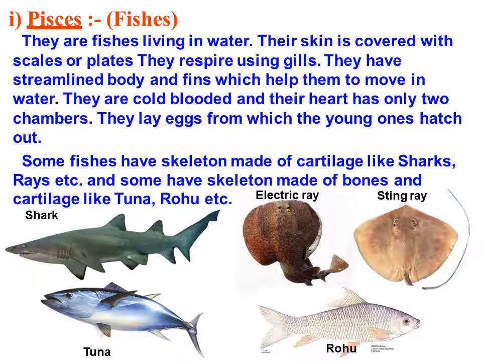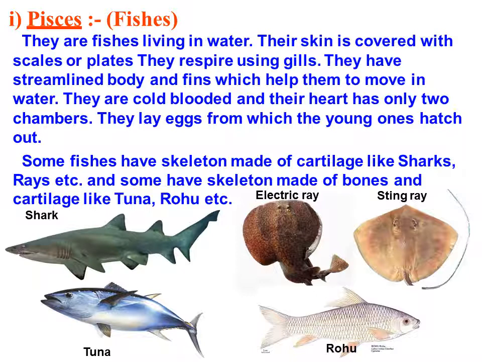Their skin is covered with scales or plates. And why so? Why are the skins covered with scales? Because to prevent it from water, because water decomposes things and these scales help them to remain dry, and they respire using gills mostly.